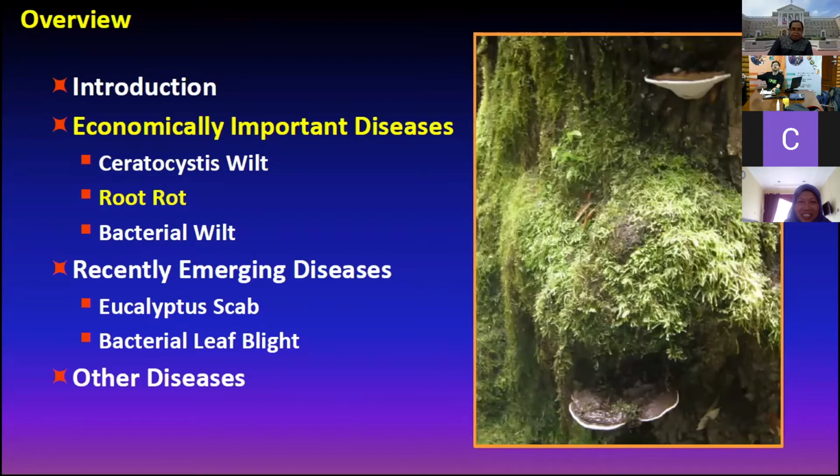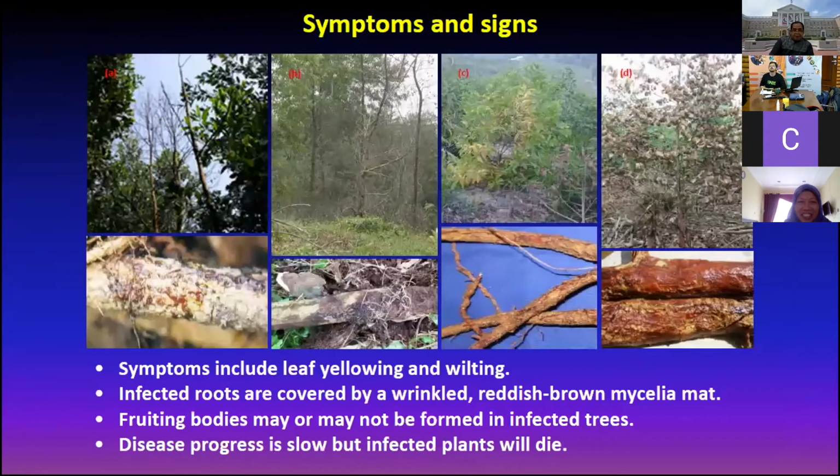Now, the root rot. I'm focusing on red root rot caused by Ganoderma. These are the symptoms and signs on Acacia mangium, Acacia crassicarpa, Acacia auriculiformis, and eucalyptus.